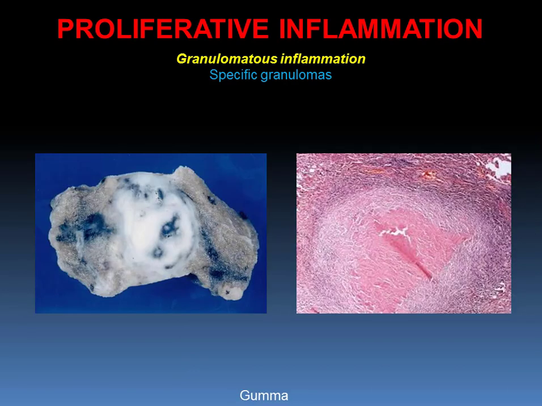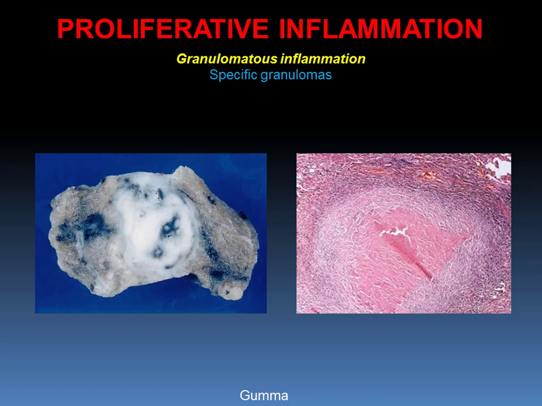The next variant of specific granuloma is named gumma, and it is present in syphilis. There are two variants: gumma itself and gummatous infiltrate. Gumma can be localized in different organs and tissues: bones, skin, liver, brain, and parenchymal organs.